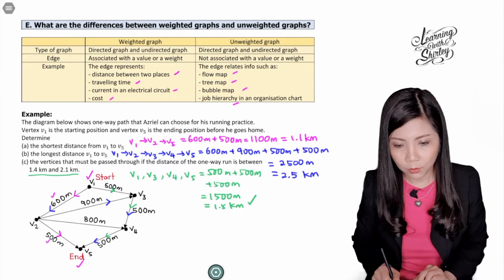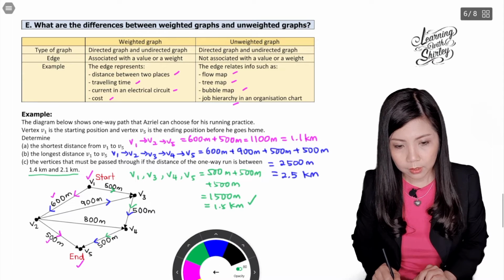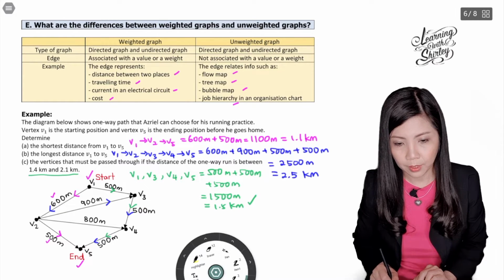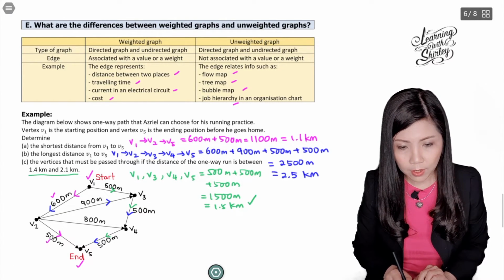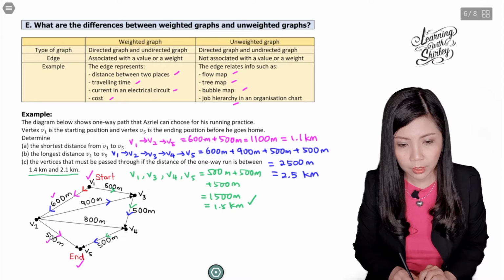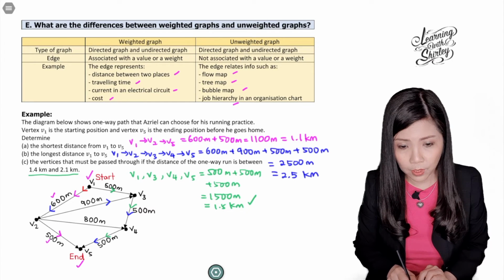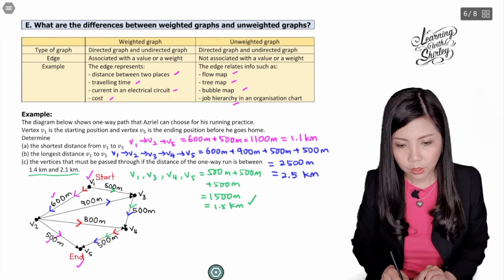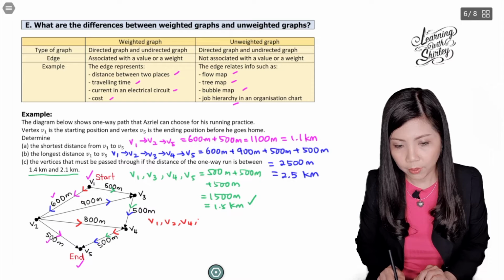Okay, we can try another one. Say I use red. So I can try V1, go to V2 here, represented by the red arrow. Then V2 can go to V4 here, and then V4 go to V5. So it will be V1, V2, V4, and V5. Let's prove it.